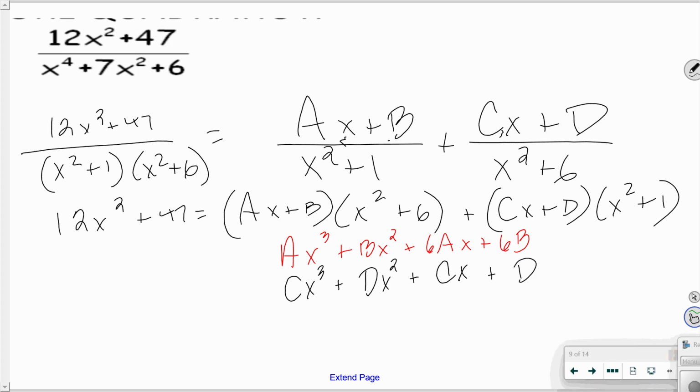So again, I'm stacking as I go so that I can see similar terms. So I know the x squareds have to add up to be 12x squared. I know the constants have to be 47.